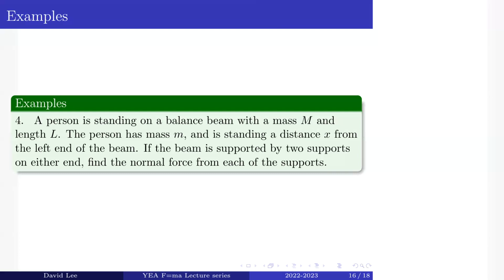Okay. It has been a few minutes, so let's really quickly just draw a diagram. So we have a beam and we have a person here, and it's supported by two supports. Okay. The balance beam has mass big M, and the person has mass little m.